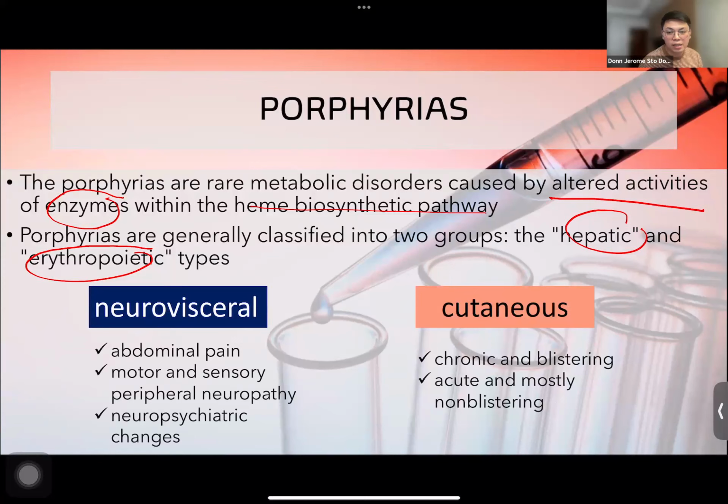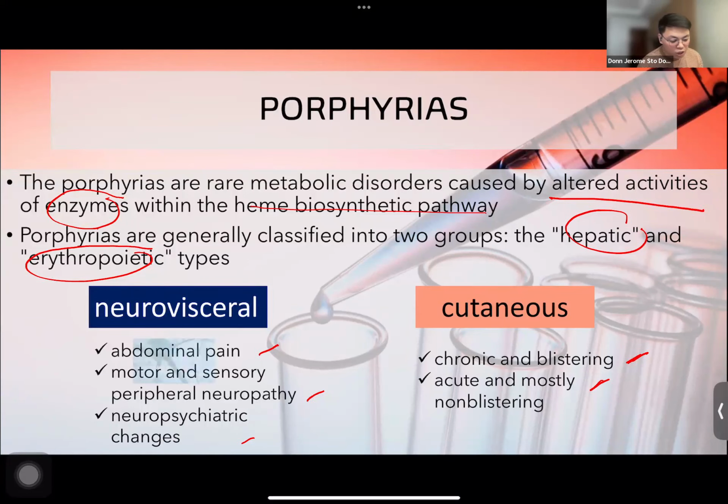One is neurovisceral symptom presenting with abdominal pain, motor and sensory peripheral neuropathy, or neuropsychiatric changes, no? Yun nga, sinasabi ko, depression, psychosis, no? Iba-iba, behavioral problems. Or cutaneous manifestation that can either be chronic and blistering or acute and mostly non-blistering. Please take note, very important po to.